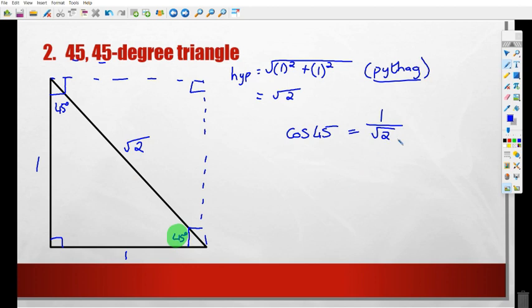If you type cos of 45 in your calculator, you're going to get the square root of 2 over 2. If you give me that answer in an exam paper and the question said without the use of a calculator, and you write square root of 2 over 2, I'm going to mark it wrong, because now I know that you used your calculator, because your calculator does something.